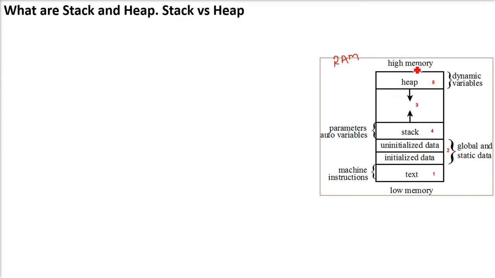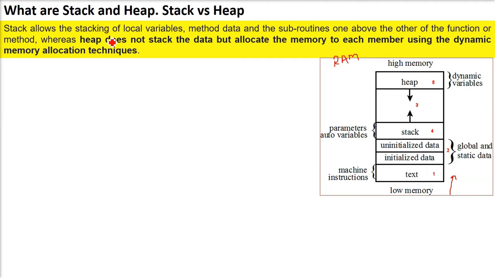This is your random access memory, starting from low memory, 0, up to some higher number. The stack allows stacking of local variables, method data and subroutines, one above the other. The stack is all about plates, one over another, so it is last in, first out.